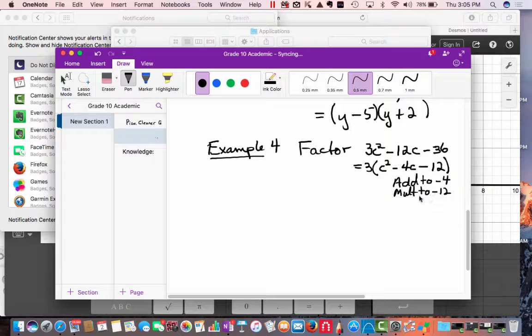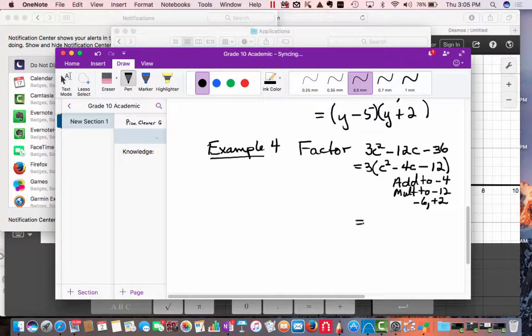Once again, because they multiply to a negative, we need a positive and a negative, and because they add to a negative, the larger of those numbers needs to be the negative. So numbers that multiply to 12, 4 and 3 doesn't add to 4, but negative 6 and positive 2 seem to add to negative 4 and multiply to negative 12.